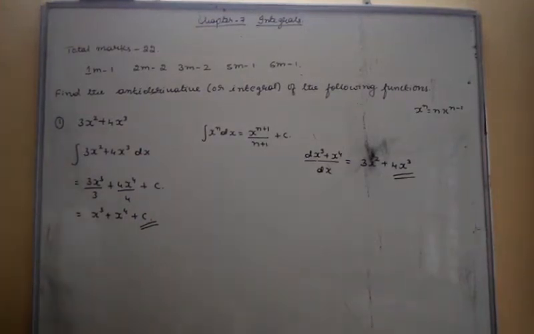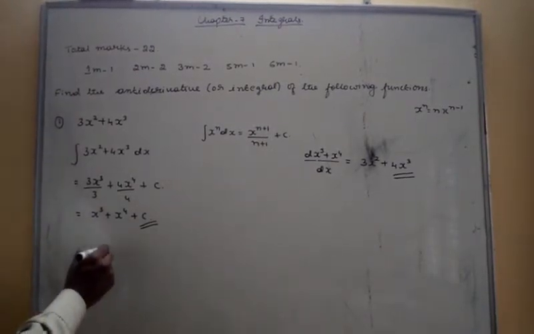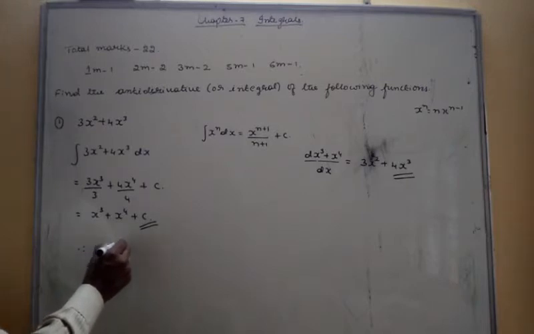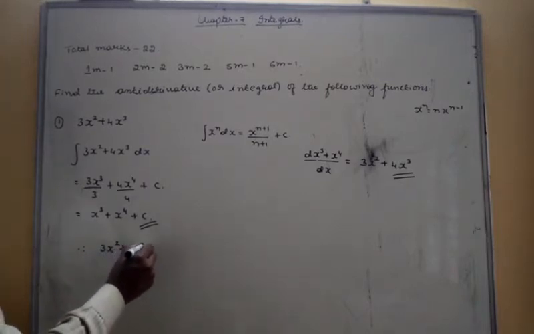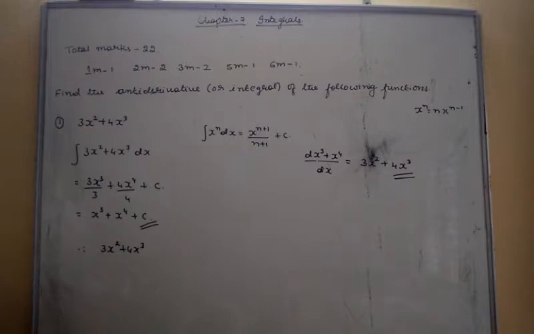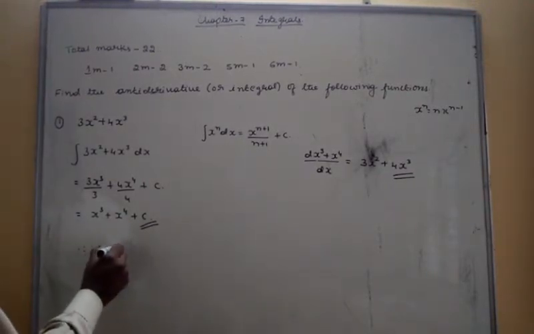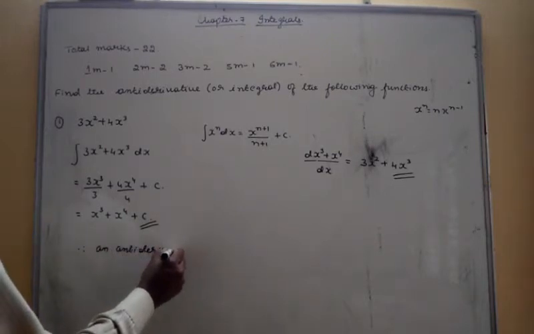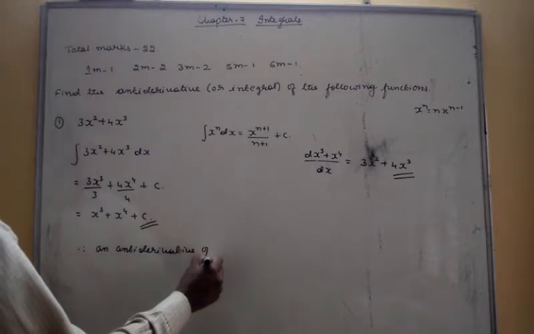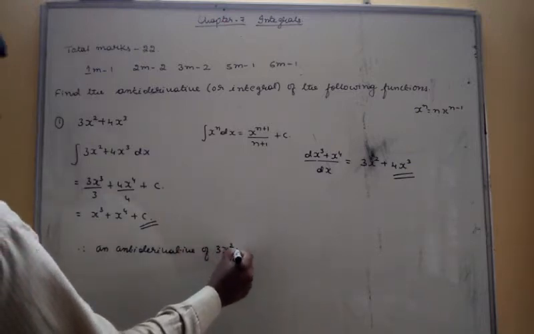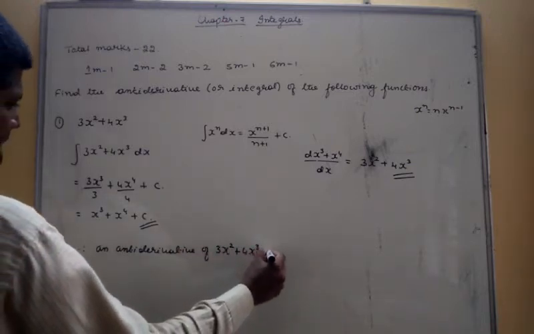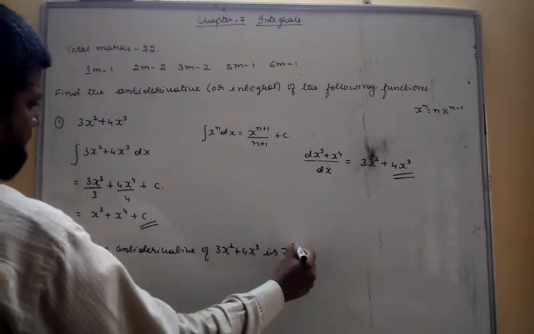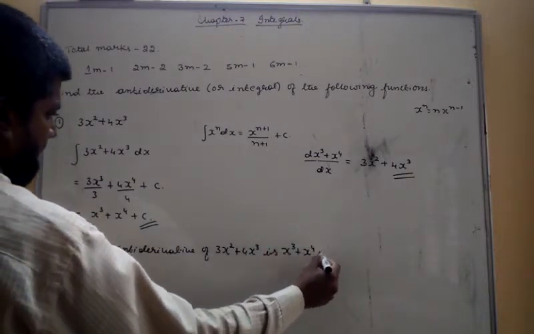So therefore, an integral or antiderivative of 3x square plus 4x cube is x cube plus x to the power of 4.